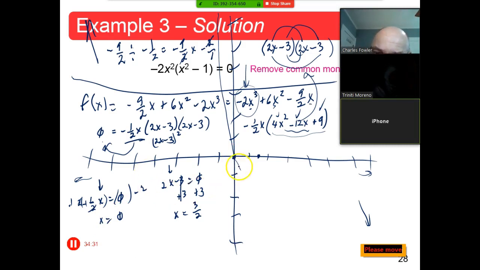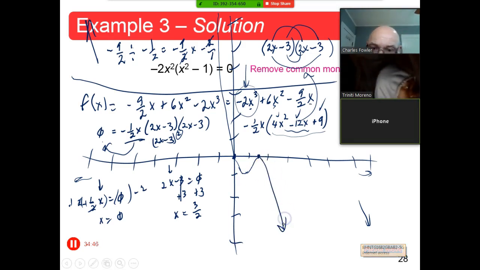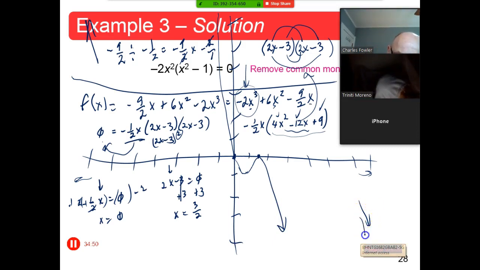But then it turns around and comes back up to this 0. But because this is a double root, because it's 2x minus 3 squared, it doesn't cross the x-axis. It just kisses it and turns around and goes back down again. Okay? There's the function right there. Because you see the end behavior is down here and up here. So there's the function. Okay?